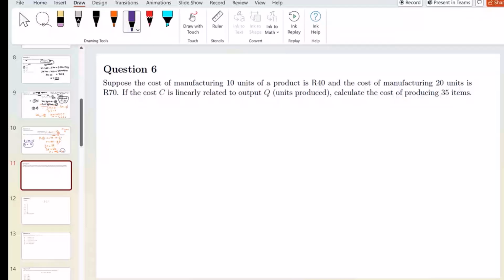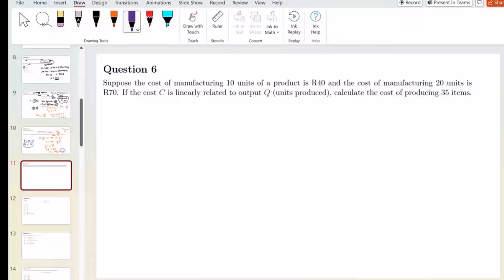Okay. When you look at the question, for you to be able to calculate the cost, you need to understand what the cost function is, okay?